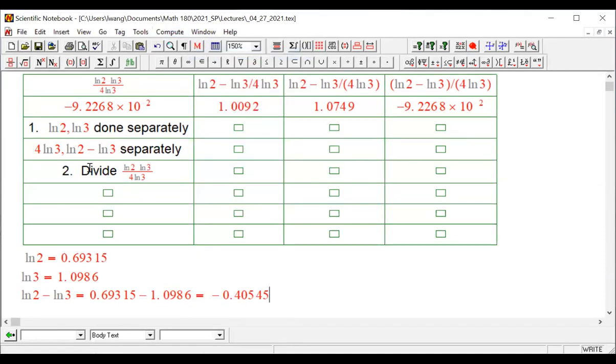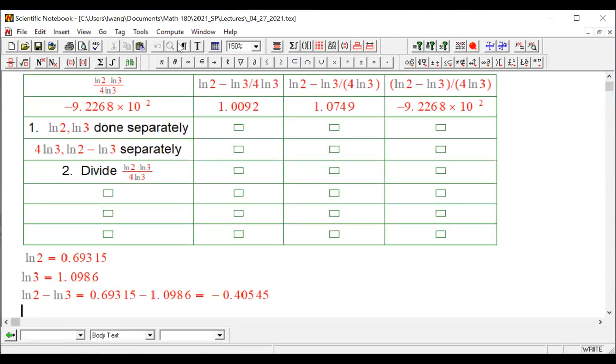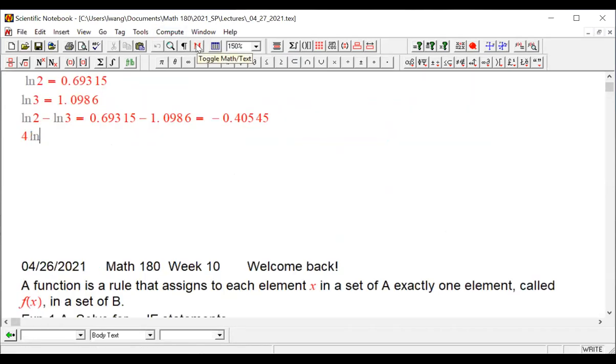Okay, so I have done the numerator. And next, I'm going to do 4 times ln3. 4 times ln3 is this guy.